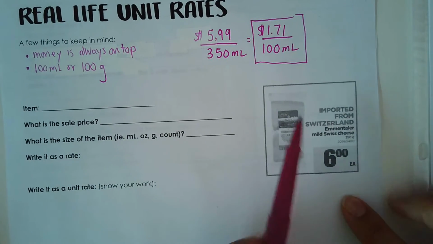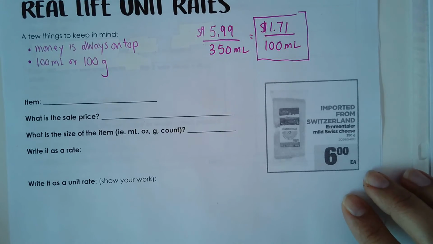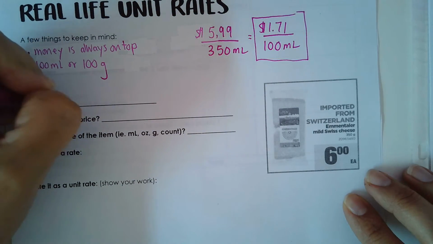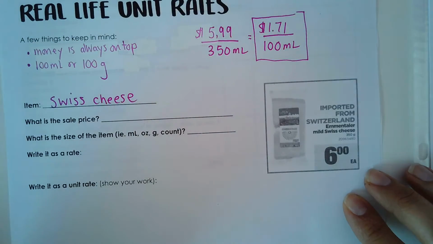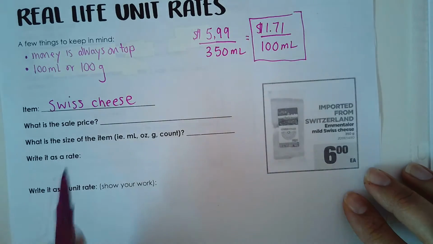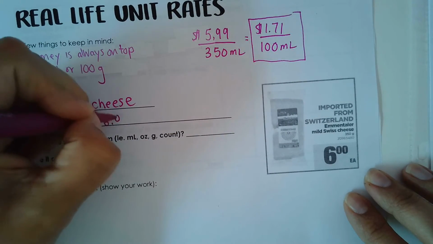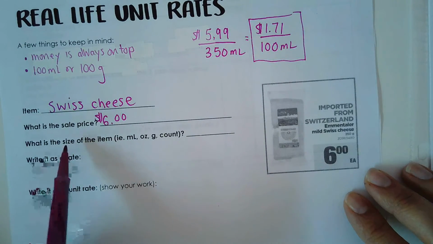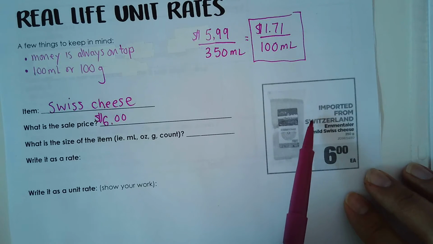Okay, so let's go through an example here. Over to the right, one of my favorite types of cheeses from Switzerland. It is Swiss cheese. And the sale price, so if we look here, the sale price is $6. And the size of the item, so you need to often look through the small print here.